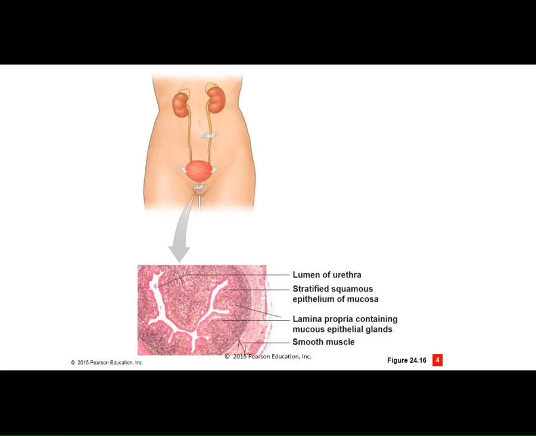Stratified squamous lining the urethra, right? So anything that's going toward the outside of the body typically is going to have a stratified epithelium. And this is why in the urine samples last week you saw epithelial cells, didn't you? You saw transitional cells. You can't tell the difference, but transitional epithelial cells could have been coming in through the urine from the bladder and from the ureter, and there would have been also stratified epithelia taking the journey with the urine out of the body.